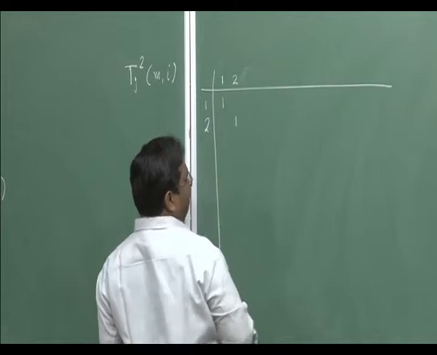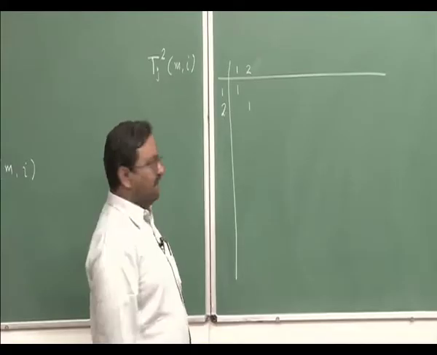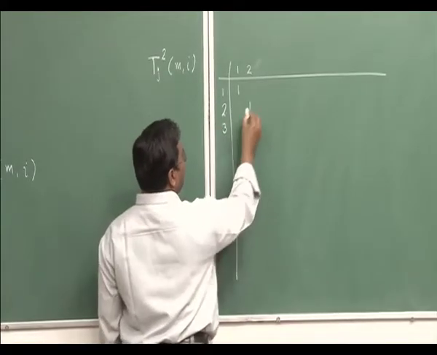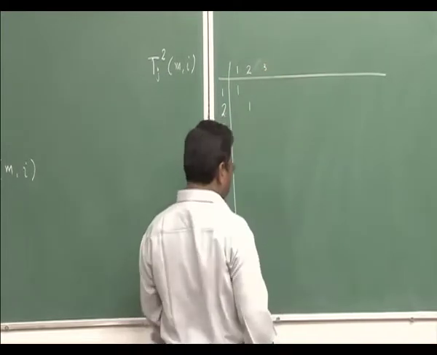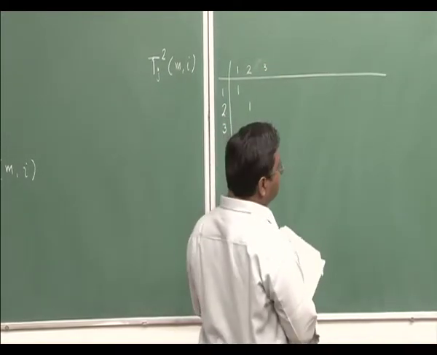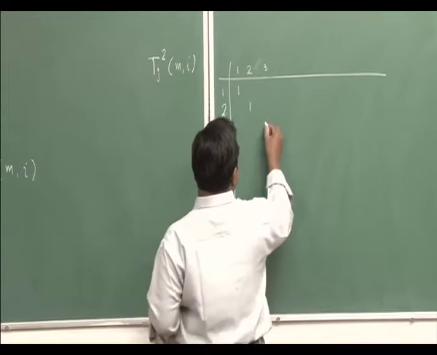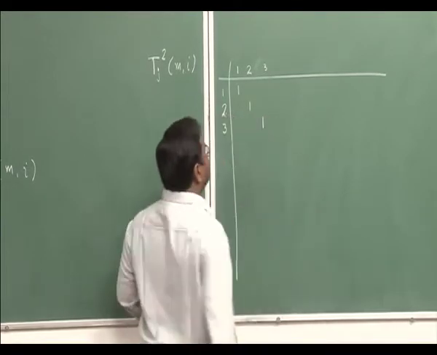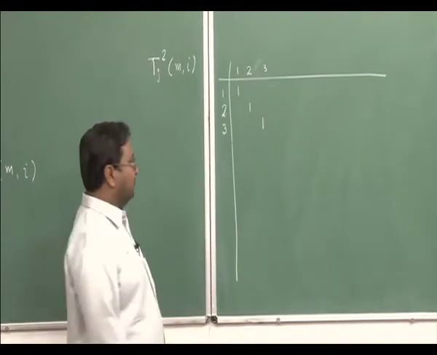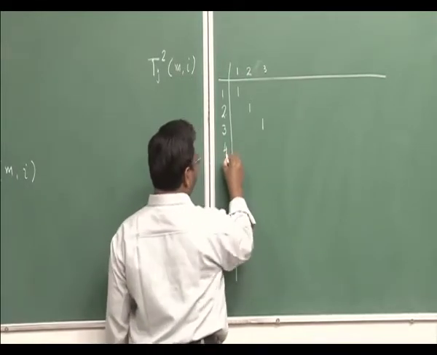So there will be 1 here in this case. Look at 3 now. The same is true for 3, you will remain in state 3 only.